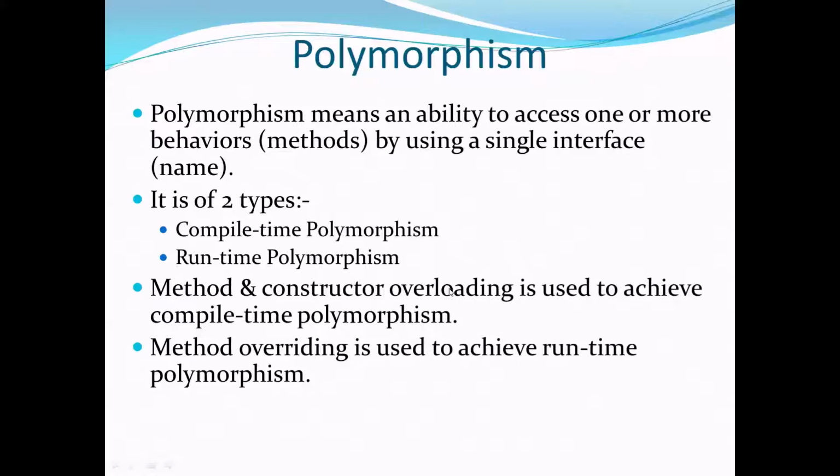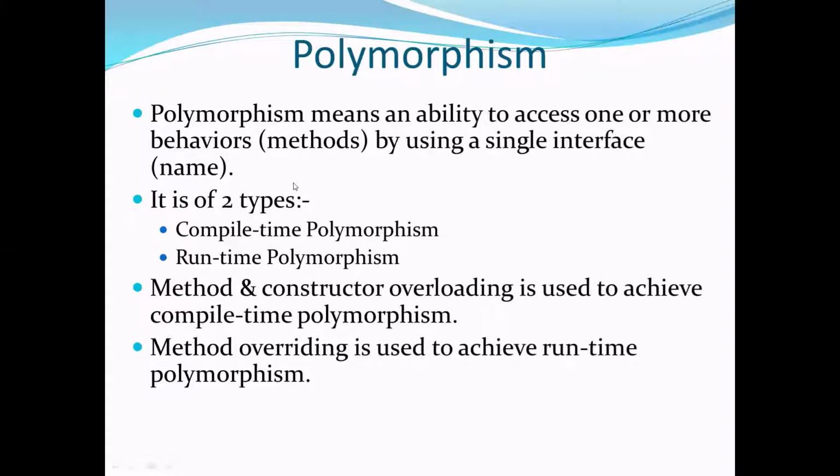What is meant by overloading? We'll see with the example. We use method and constructor overloading to achieve compile time polymorphism, and method overriding is used to achieve runtime polymorphism. So this is the way that we achieve polymorphism: method and constructor overloading and method overriding.